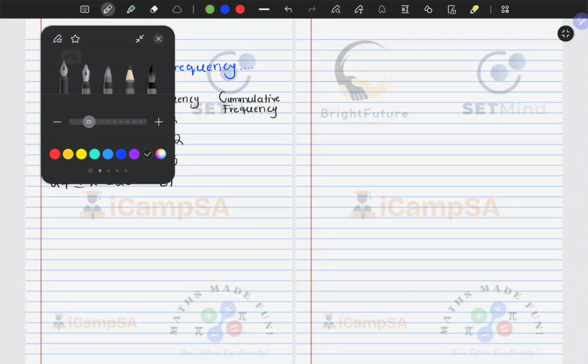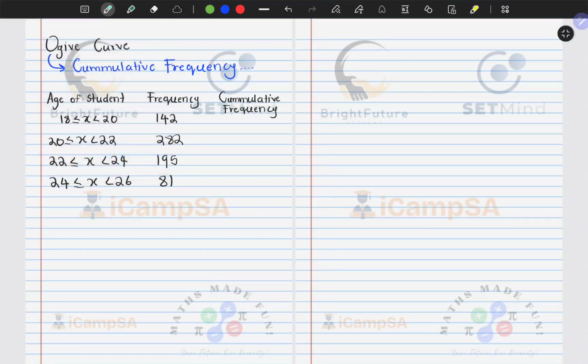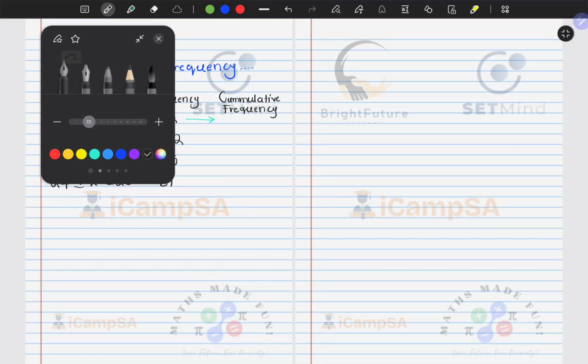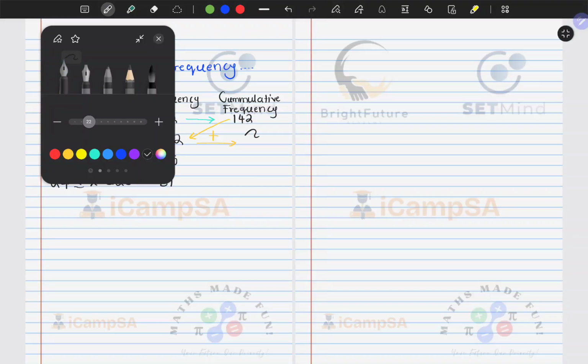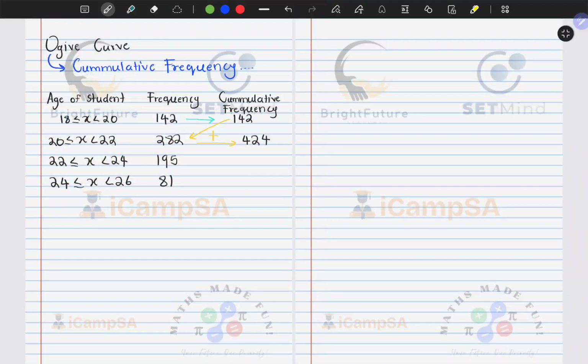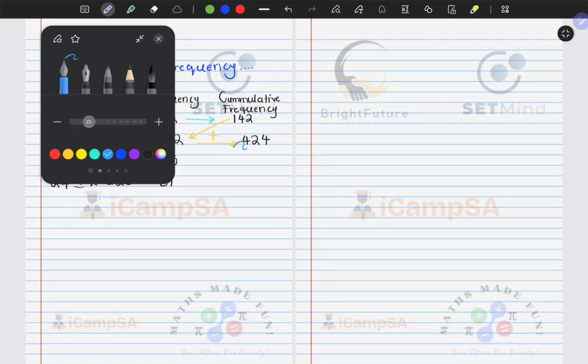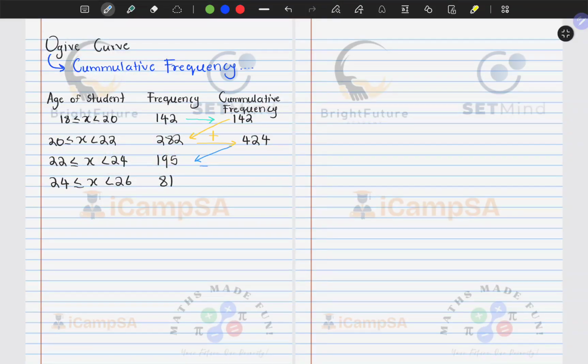So now we can put up our cumulative frequency. So remember, the first entry is always the same. So what we're going to have is 142. Okay. Then for the next one, you take the 142, you add it with what we see there, then that is how you get the cumulative frequency. So it becomes 142 plus 282, and that becomes 424. Okay. And then for the next one, we take the 424 and add it with this 195.